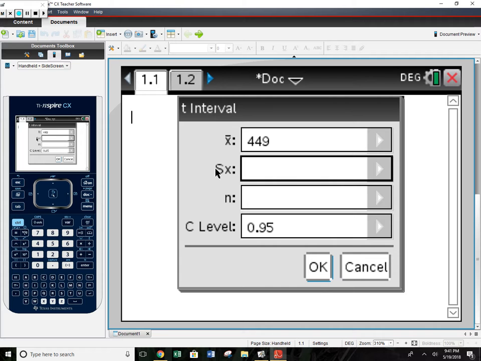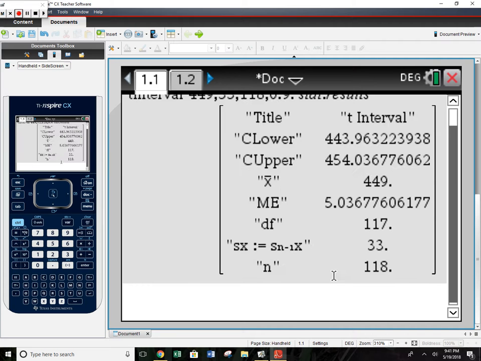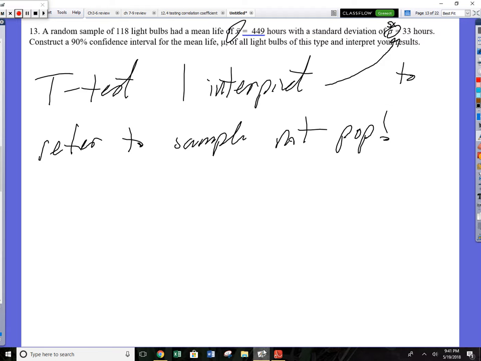They're using it here, that's correct. The sample standard deviation is 33. N, how many were sampled? 118. Confidence level, we want 90%. Then hit OK, and there's all your data.